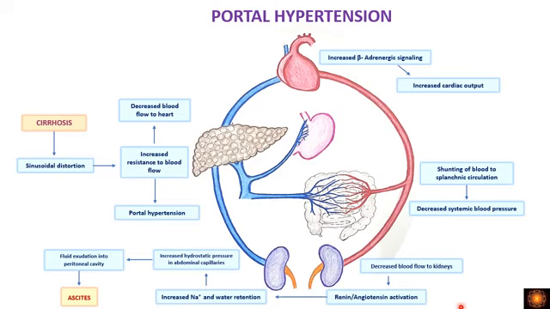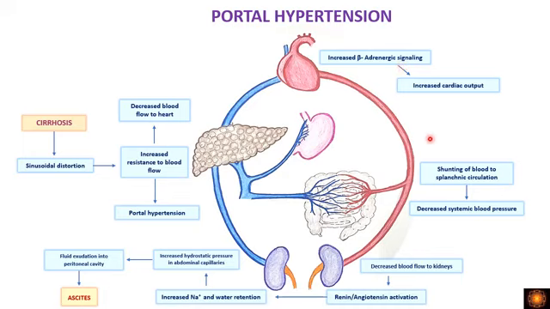Now, another important thing in the cirrhosis is, we have seen that there will be increased pressure in the portal vein. But another thing is, there will be decreased output in the inferior vena cava. So we have a decreased flow to the heart. When there is a decreased flow to the heart, there is an increased adrenergic signaling. So this causes more contraction of the heart, and more pumping out of the blood.